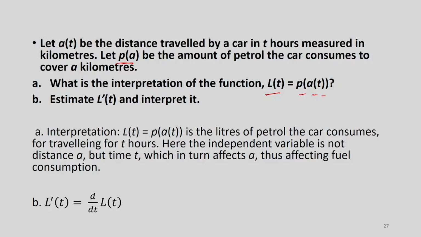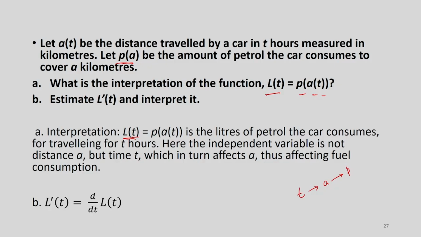Here the independent variable is not distance but time t, which in turn affects A, thus affecting fuel consumption. So, this is easy to understand. Time t affects distance A, and distance affects petrol, that is how much petrol is being consumed. So, ultimately P is a function of t, right, and that is being written here as L of t.